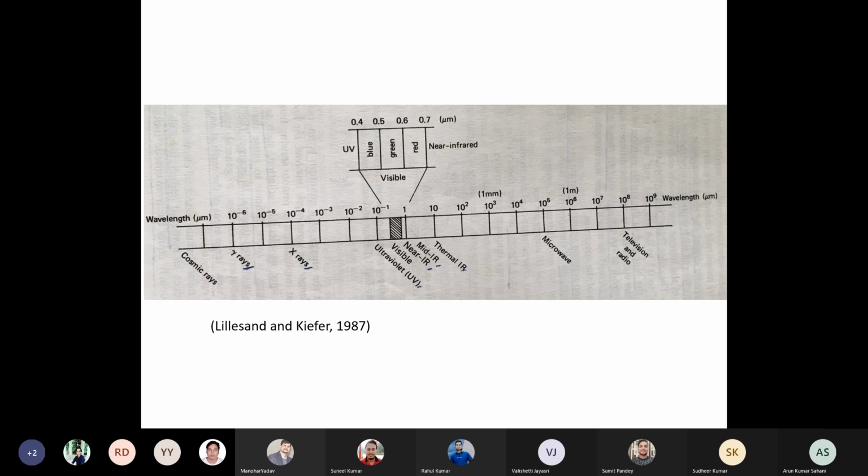Characteristics means where they lie on the wavelength axis. In the electromagnetic spectrum, where is that particular band confined, what is the wavelength range? It is an important aspect to understand the sensors which are designed.